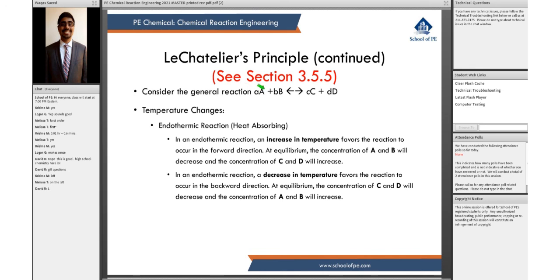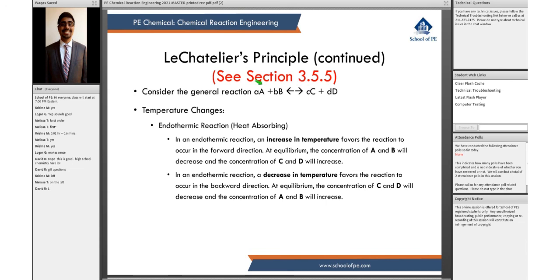So if the heat term is on this side, for an endothermic reaction, if I increase the temperature, I'm adding heat to this side. So that shifts the equation out of equilibrium. So to counteract that change, the reaction needs to move to the right. You need to form more products.